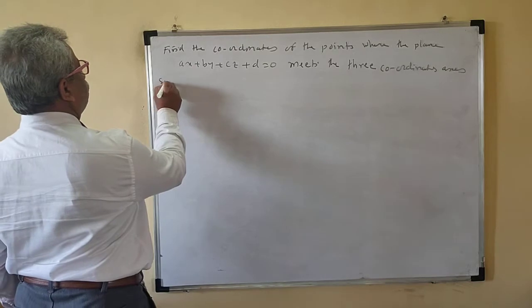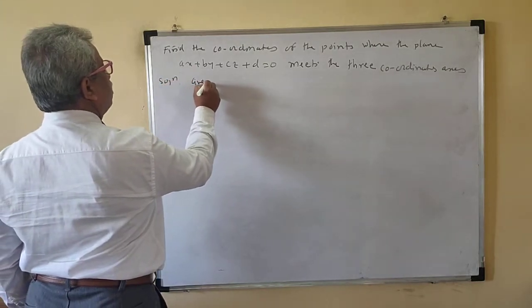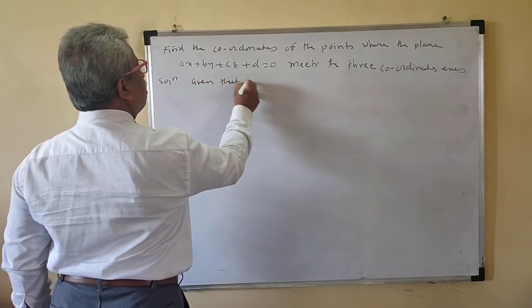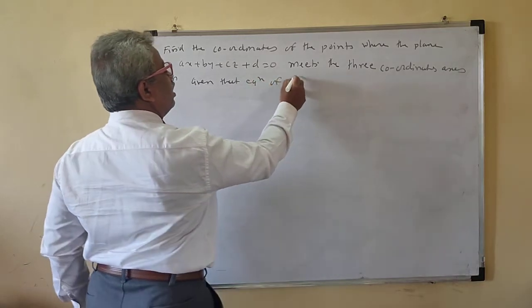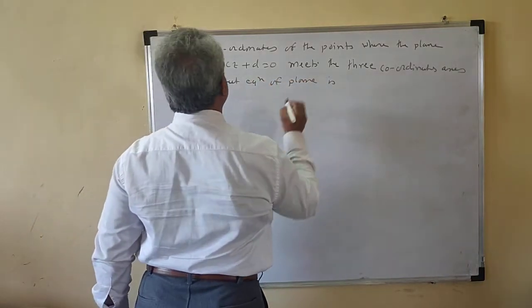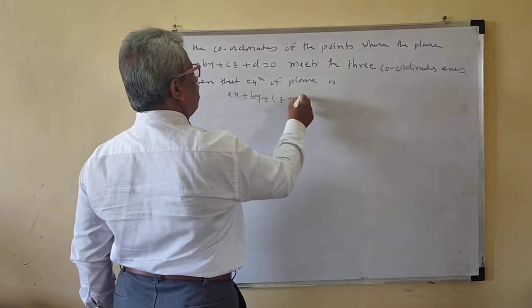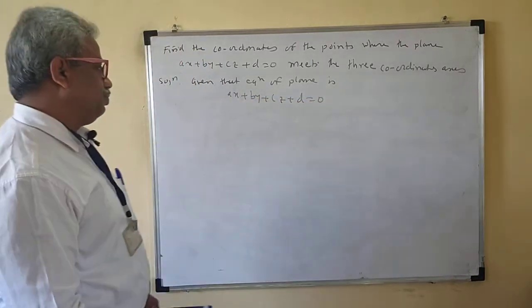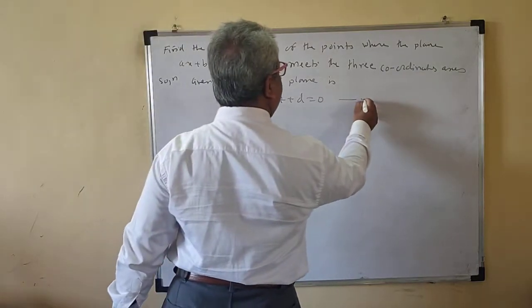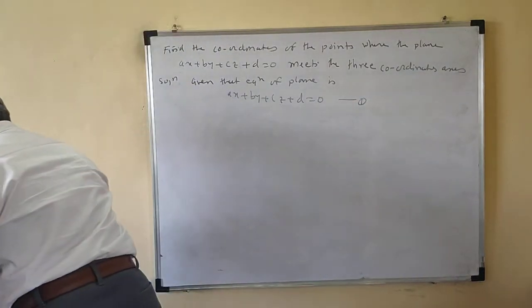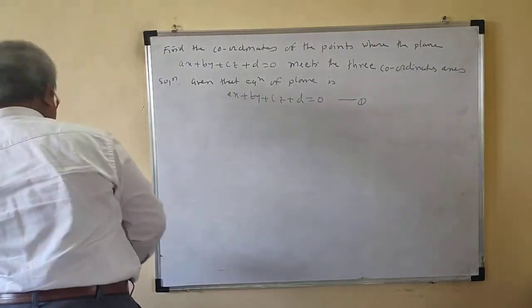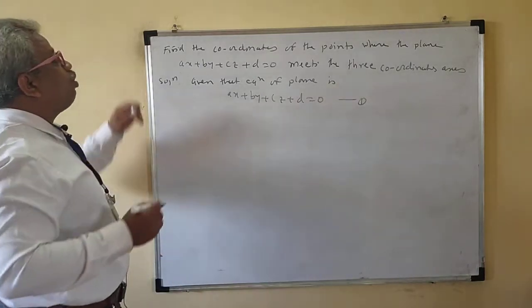Okay, solution. Given that the equation of the plane is ax plus by plus cz plus d is equal to 0. I call this as 1. So what do I want to find?